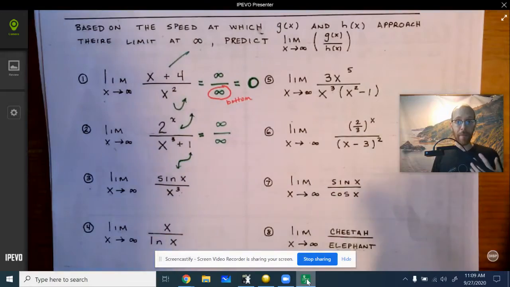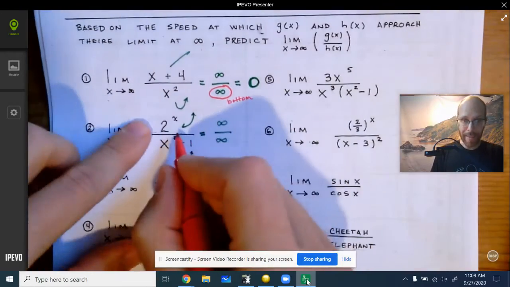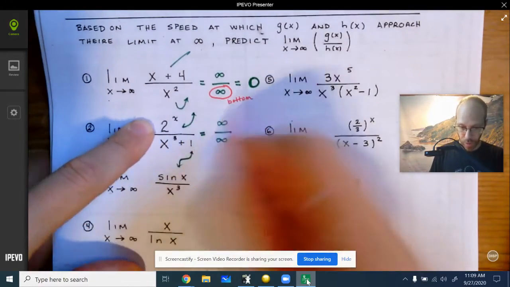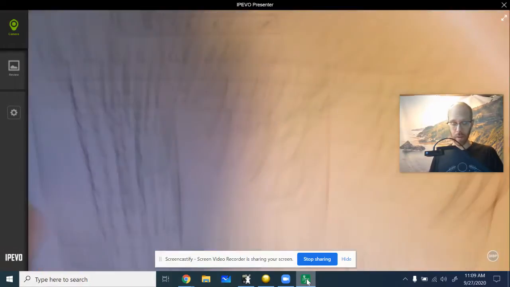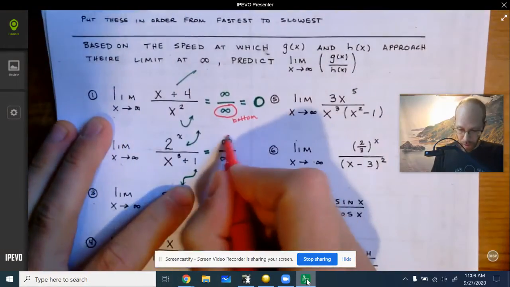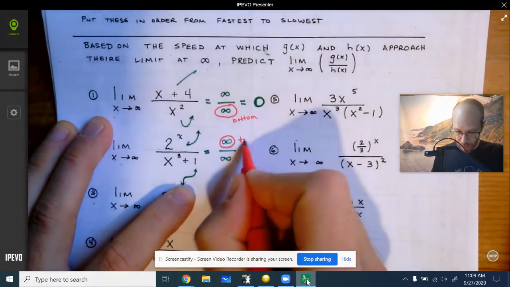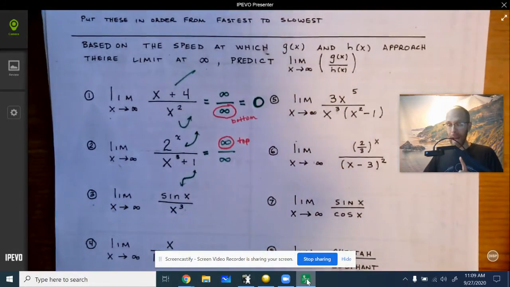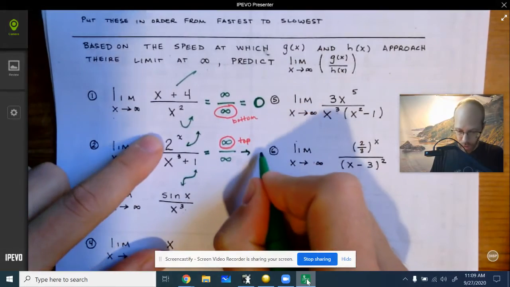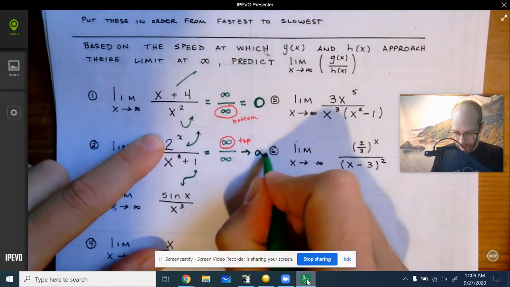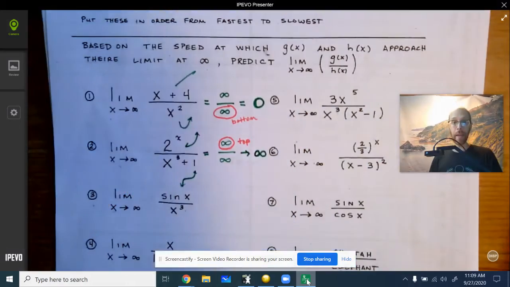Which one gets there faster? Well, in this case, the exponential grows faster, right? The exponentials get there before the power functions do. So the top is growing faster. If the top is growing faster, then this function will fly on off to infinity.